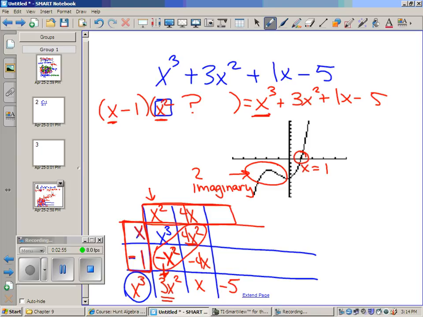But what I need is 1x, which tells me I'm going to have a 5x up here, because now 5x plus negative 4x gives me that x. But if I want a 5x here, I'm going to have to multiply this x by 5, because 5 times x is 5x. 5 times negative 1 is negative 5, and that's exactly what I needed in my answer.